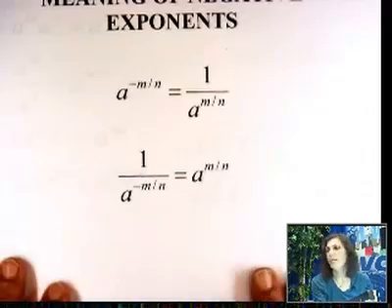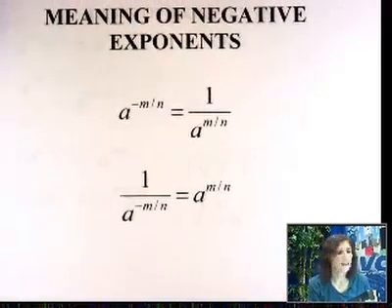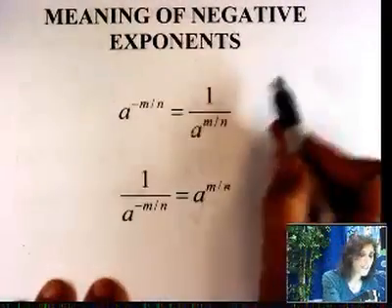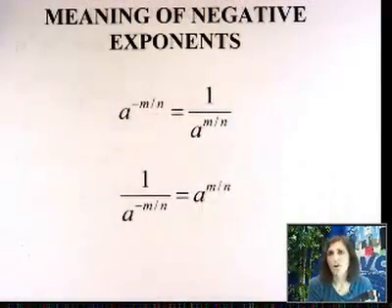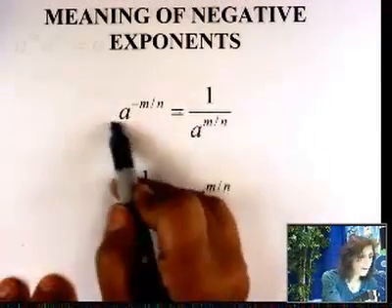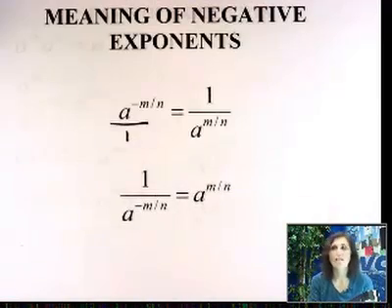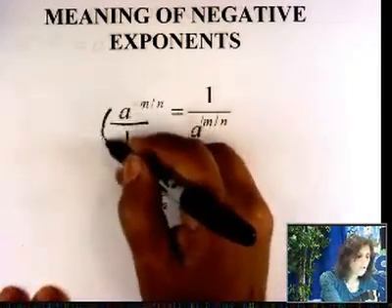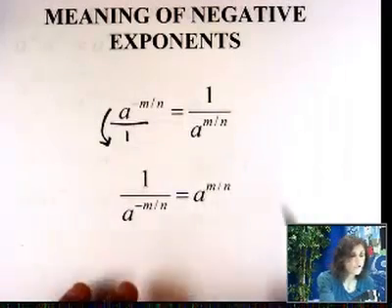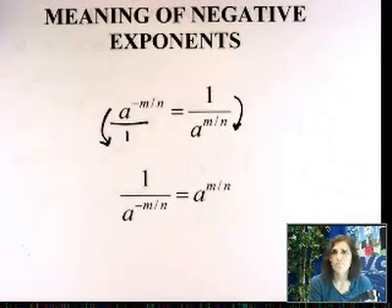What happens when my exponent has a negative? Just think of it that way. It means the exponent does not belong there. So think about it. This is like a to the negative m over n, over 1. So this is in the numerator. When you have a negative, it means it should jump to the denominator.